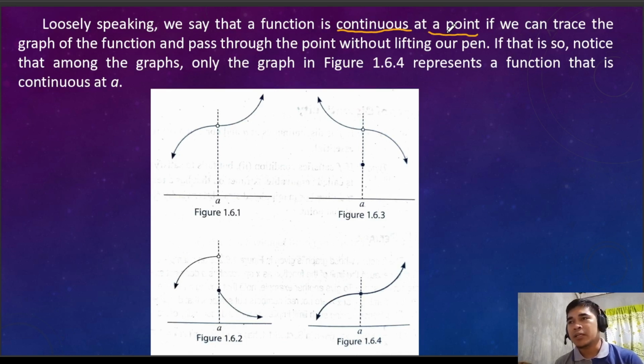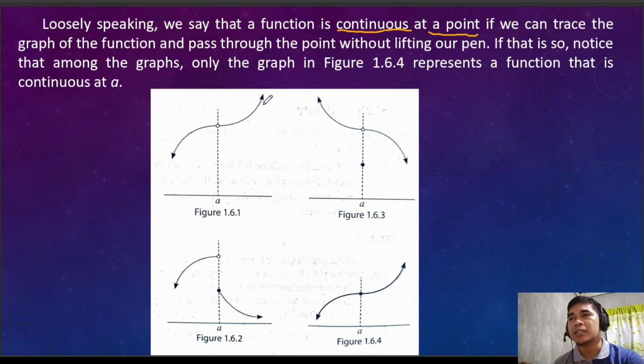So here, in the four figures, from figure 1.6.1, figure 1.6.2, figure 1.6.3, and figure 1.6.4, it's only figure 1.6.4 where we can trace the graph without lifting our pen, even when it passes through this point. Compared to figure 1.6.1, when you reach the point, since this is open, you lift your pen, then continue.